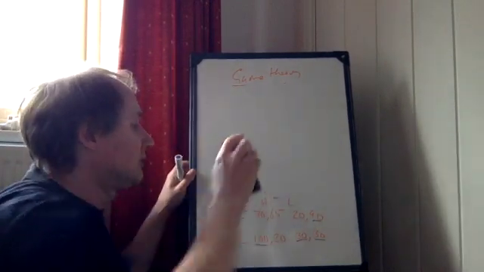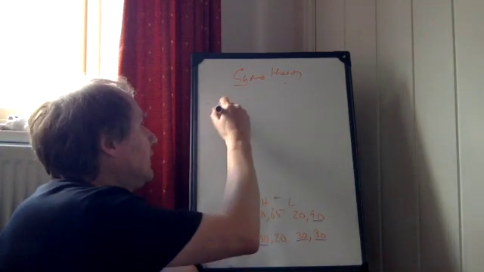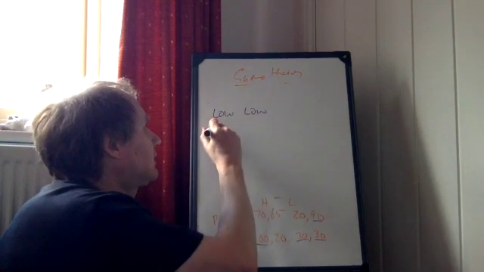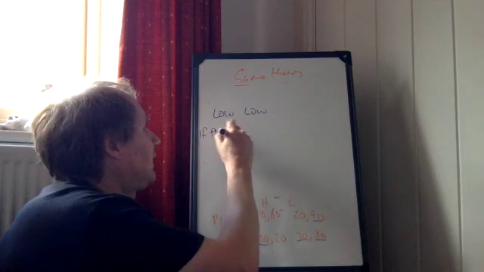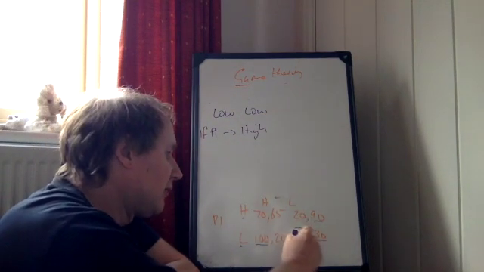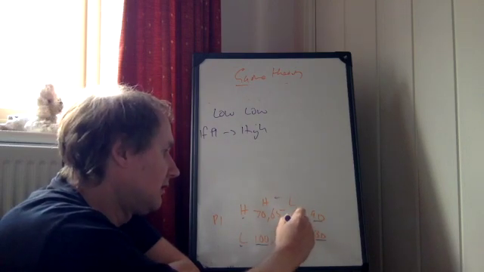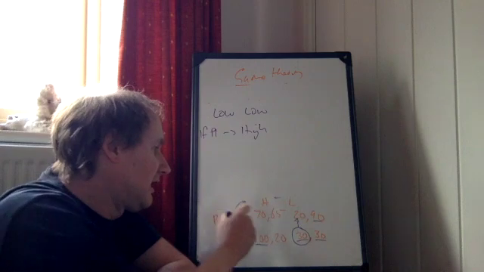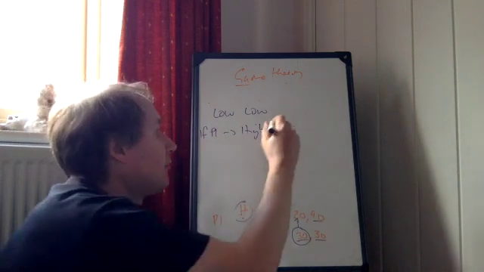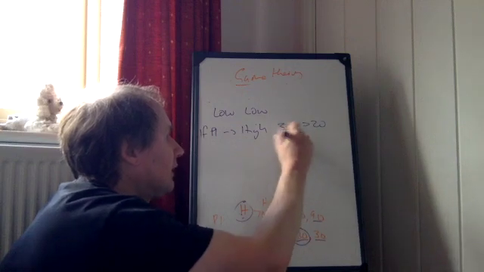The way we do that is we simply say, what happens if somebody changes? At the moment we're in a low-low situation. Suppose player 1 suddenly goes high. Let's see what would happen to them. That's player 1's number, which is 30. Their high is there, they go from 30 to 20, so therefore they wouldn't want to do that.